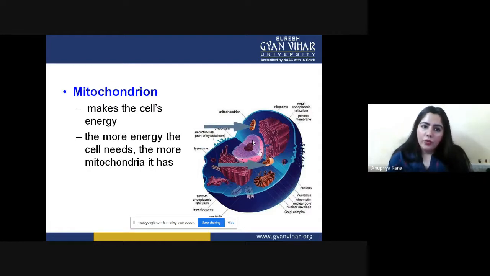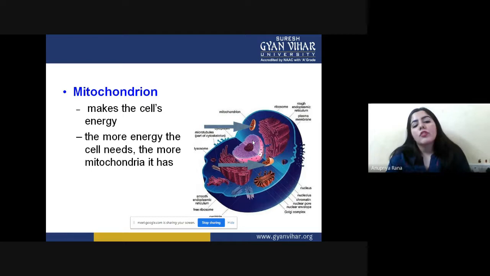Now the mitochondria. This is also a very important part, you can call it a vital one. Mitochondria are basically the energy production source of the cell. We can also call them the powerhouse. They generate the ATP molecules through the various cycles that happen inside the cell. So they are the units which make energy.